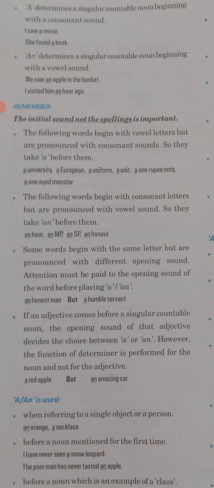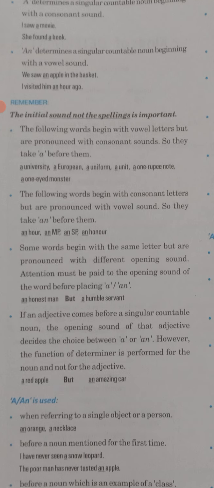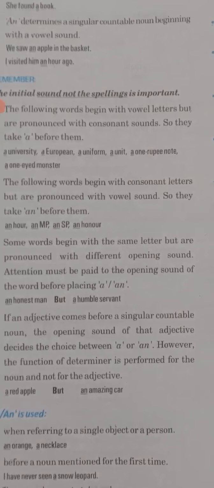Same way, for a noun which is singular, countable, and begins with a vowel sound, we will use an there. Like you can see in the second example: hour, MP, SP, honor.